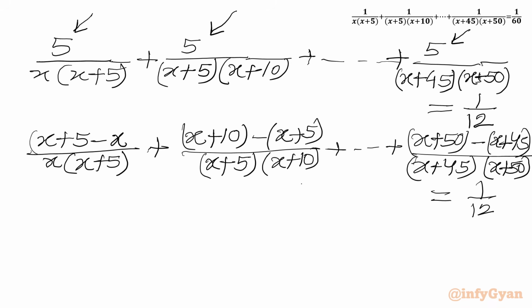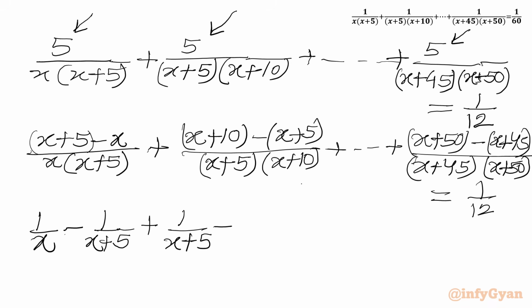Now we will split numerators with respect to denominators. So x plus 5 over x times x plus 5, we have to write 1 over x, minus x over x times x plus 5, we will get 1 over x plus 5, plus x plus 10 over x plus 5 times x plus 10, 1 over x plus 5, minus x plus 5 over x plus 5 times x plus 10, 1 over x plus 10.